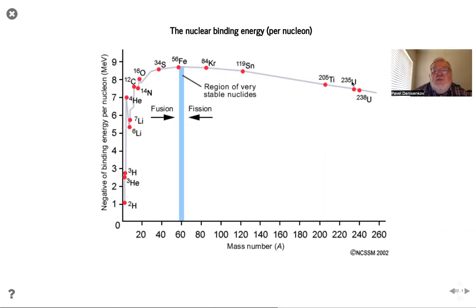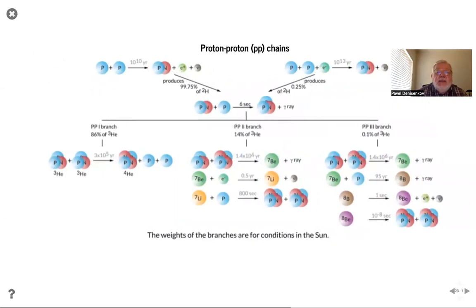Therefore, the production of elements heavier than iron occurs in neutron capture processes. There are a few neutron capture processes about which I will talk later.